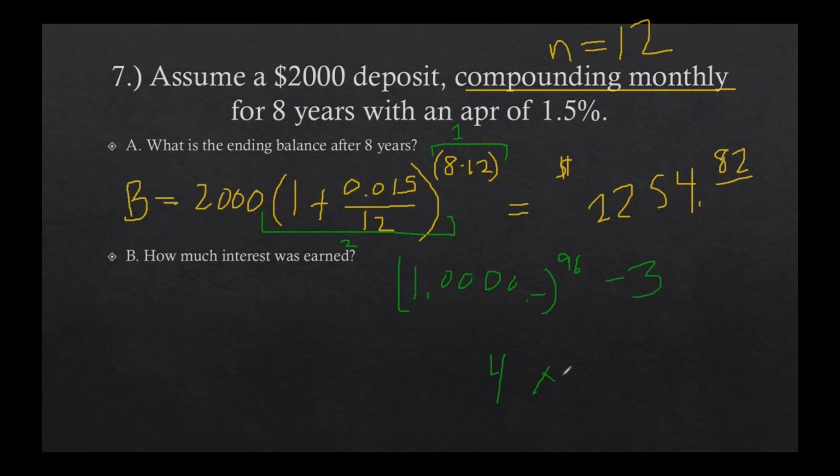And then the fourth step would be to multiply by 2,000. So the very last step is to multiply by 2,000. And that's kind of the key to that. Okay. Any other questions about calculator usage for right now? Or that problem right now?